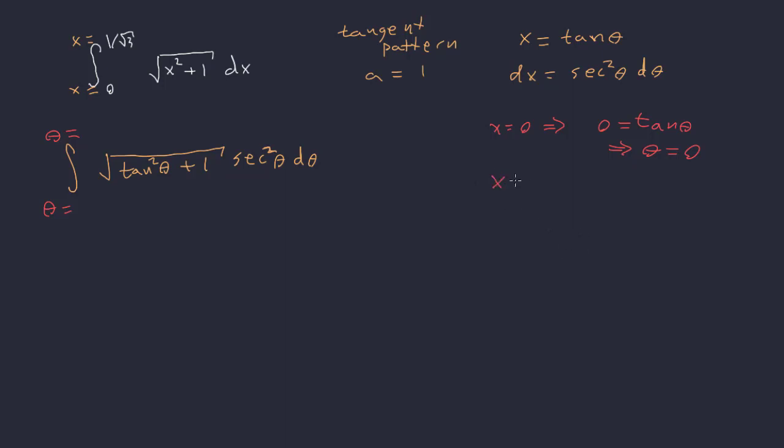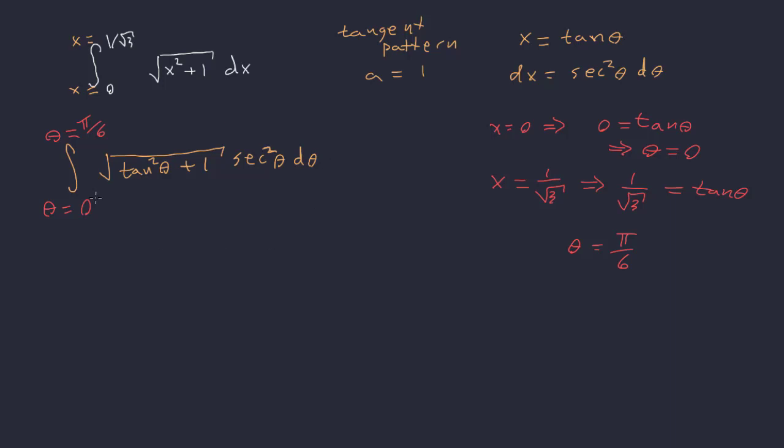Okay, and then when x is equal to 1 over root 3, well, that is basically saying, when does tangent equal 1 over root 3? Well, you could look at a unit circle or you might just know that's pi over 6. Okay, so our lower limit just stays 0, but now our upper limit becomes pi over 6.